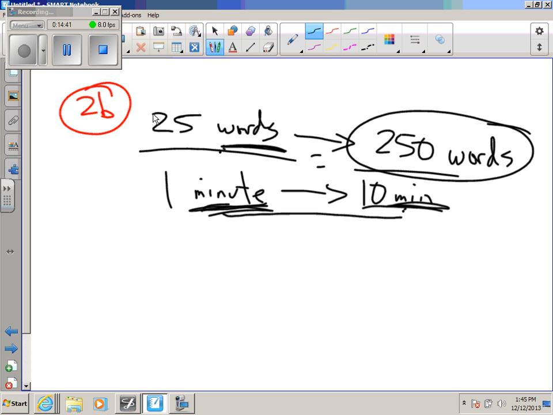On a side note, if you look at page 275, numbers 10 through 13, comparison shopping, find each unit price, then determine which is the better buy. So number 10 sells crackers, 16 ounces for $2.39 or 20 ounces for $3.19. What they want you to find out is how much you're paying per ounce.